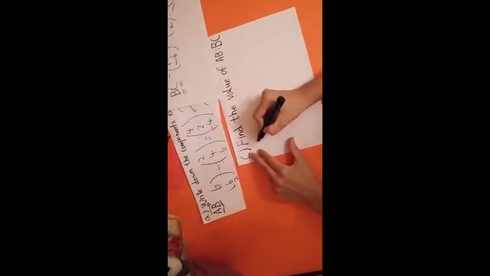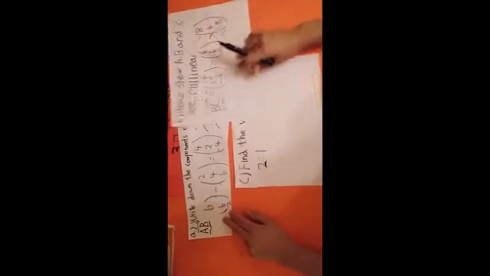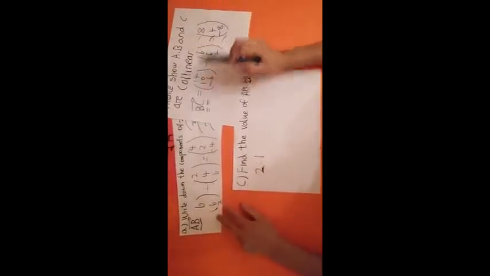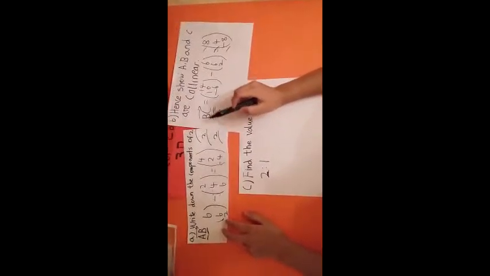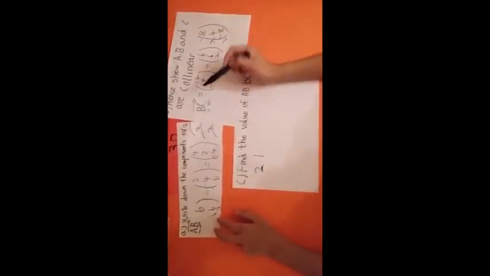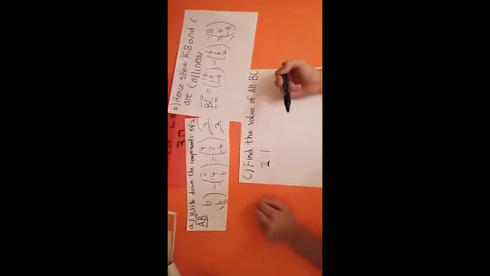So the ratio of AB to BC will be 2 to 1, because our vector BC is twice the size of vector AB, which gives them the collinearity with a ratio of 2 to 1. So that proves that AB to BC is 2 to 1.